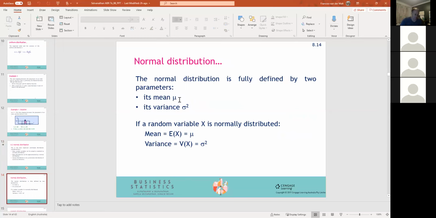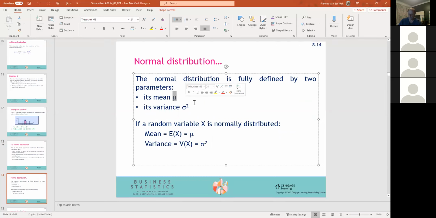Now, there are certain symbols that you use when you work with a normal distribution. We say the mean is mu, I think, the Greek character for M. So whenever you see mu, you know you're talking about a normal distribution. You remember what we said: often a probability function can be defined with two parameters.